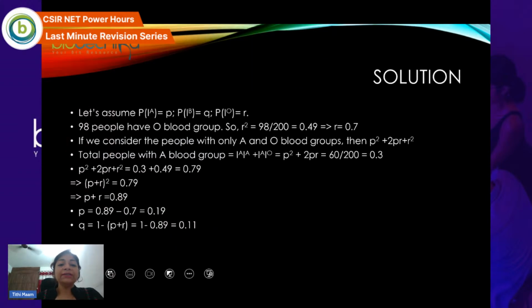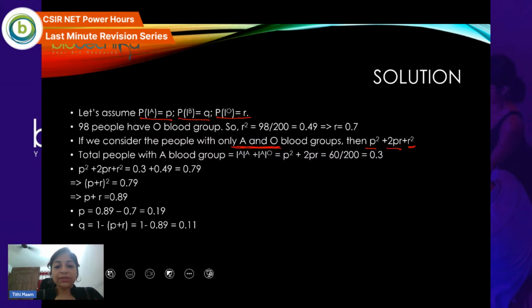If we consider A and O blood group together, then it will become homozygous dominant for A, P square, 2PR will be heterozygote for IAIO, and O blood group will be R square. Correct? Because we have assumed that frequency of IA is P, IB is Q, and IO is R.